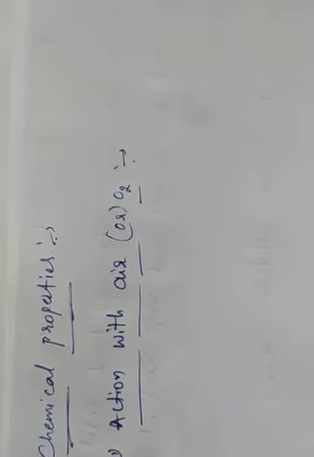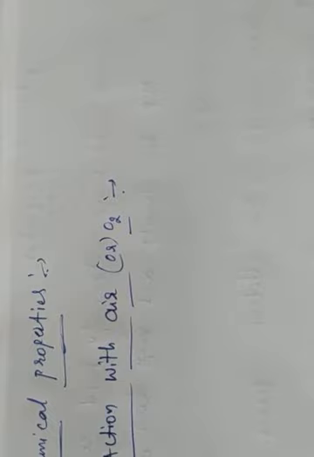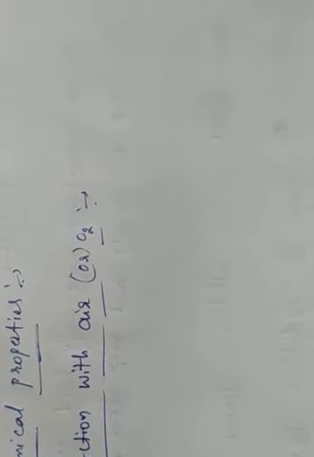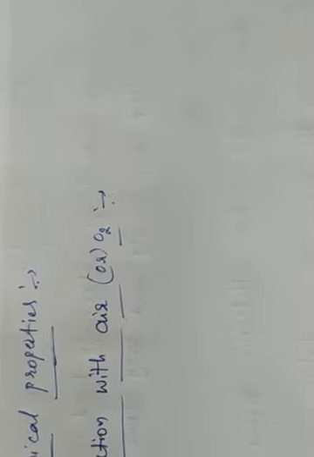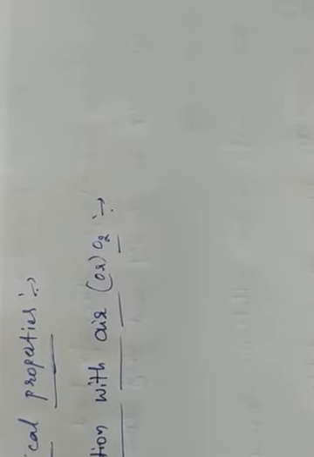Amorphous boron on heating in air to about 700 degrees Celsius forms B2O3 and BN. B2O3 is boron oxide and BN is boron nitride. Amorphous means without a clearly defined shape or form.